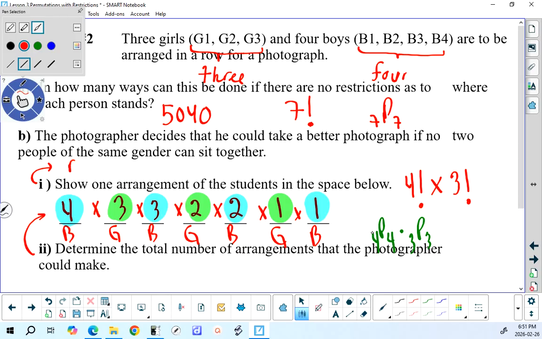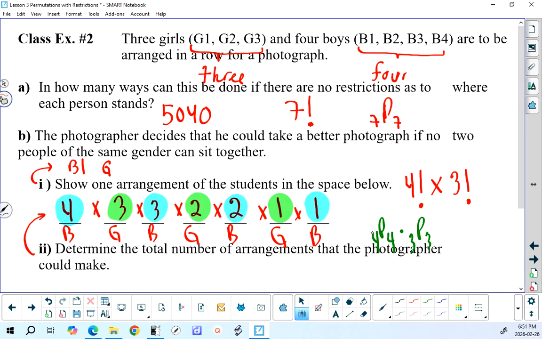It could be B1, G1, B2, G2, B3, G3, B4. That is one particular arrangement, starting with a boy, ending with a boy, and you can feel free to change B1 and B2 around. It doesn't matter. So what I did is, I jumped the gun and I actually answered question 2.